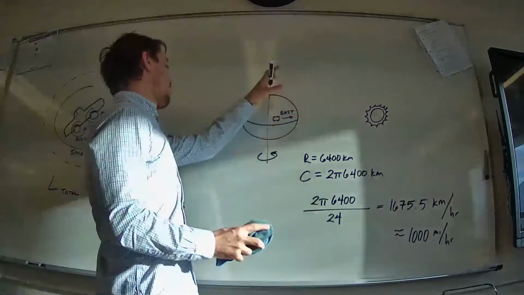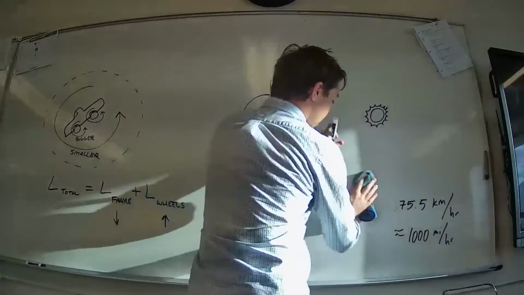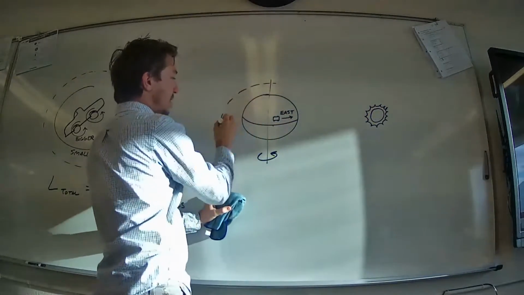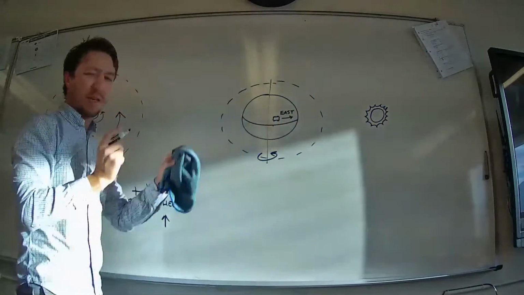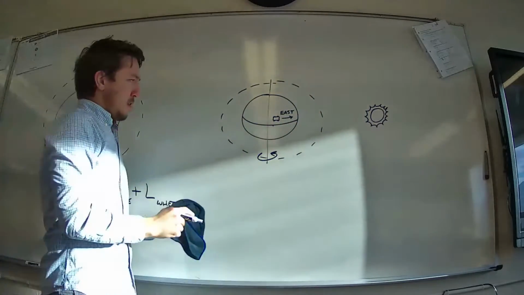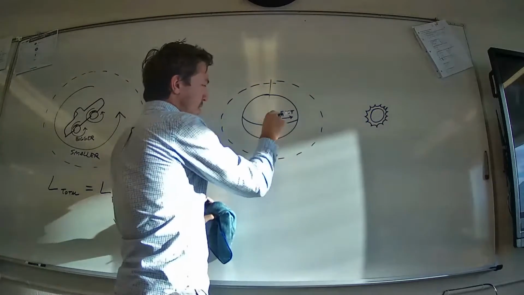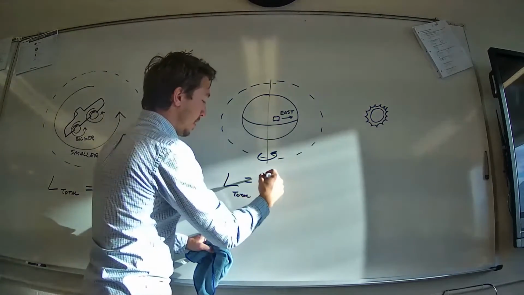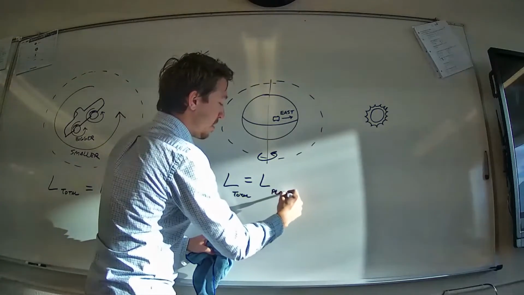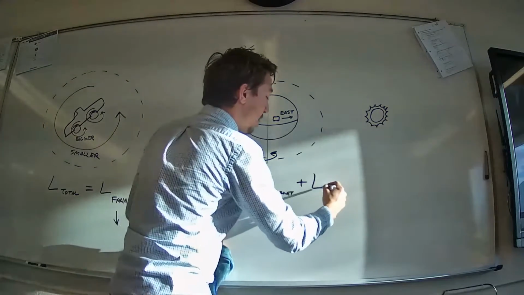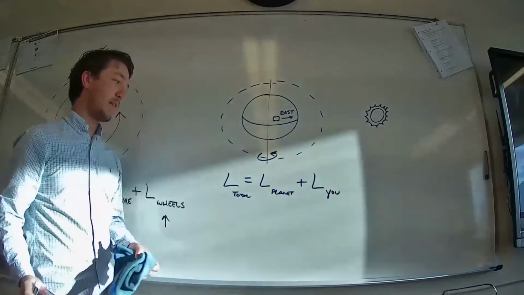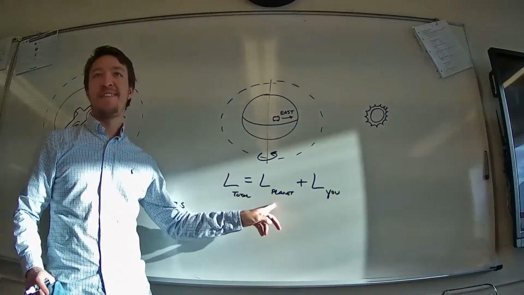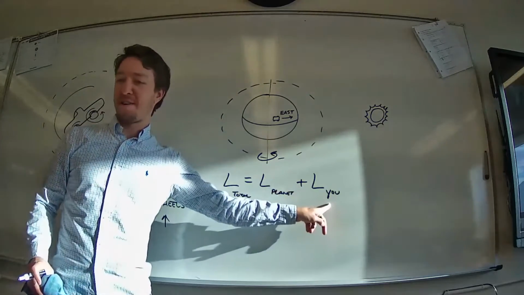So you're part of the total angular momentum system here. Let's say you're considering this to be your closed system. You're part of that closed system. So if I said the total angular momentum is the angular momentum of the planet plus the angular momentum of you, or maybe the angular momentum of the planet and everything else, plus you and your car, your contribution.